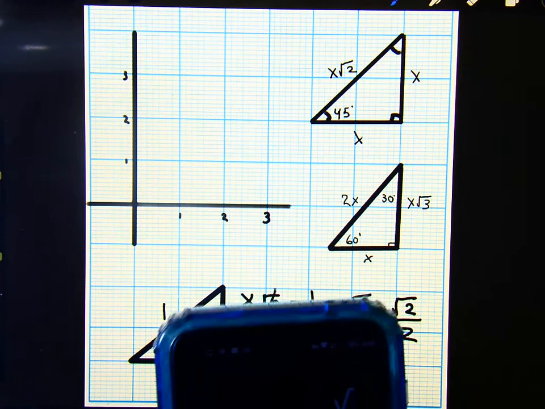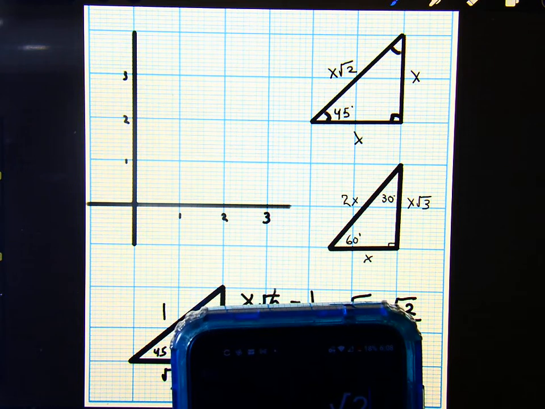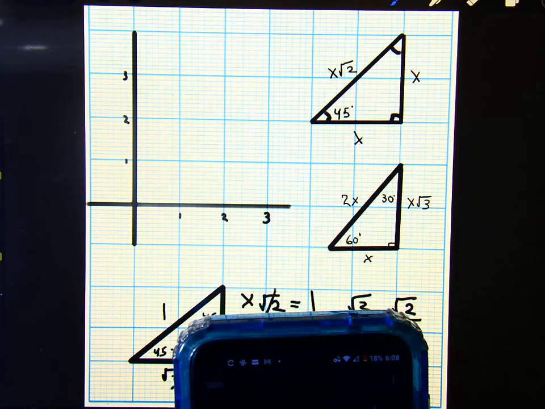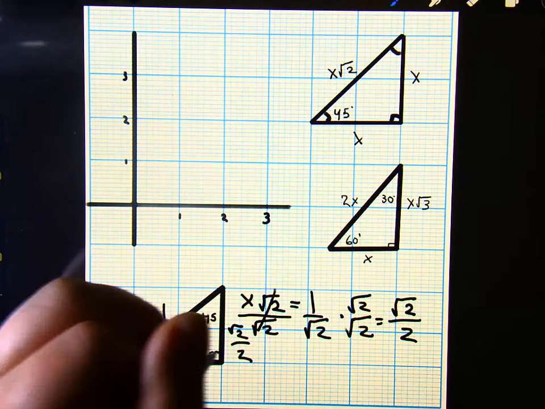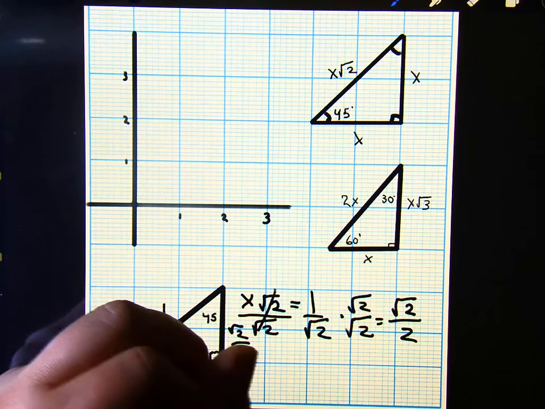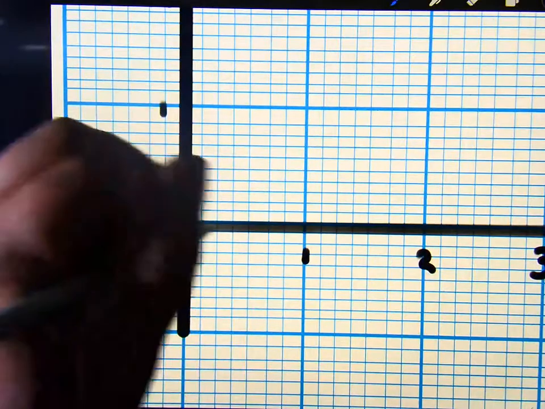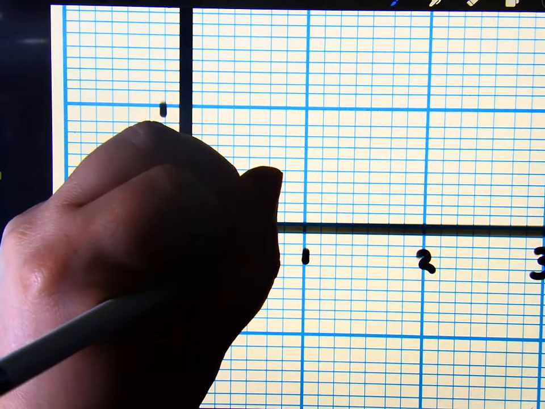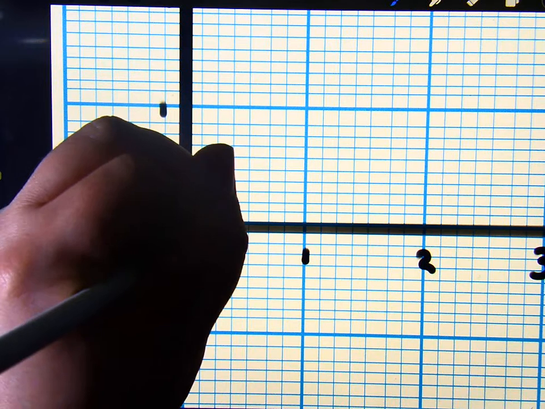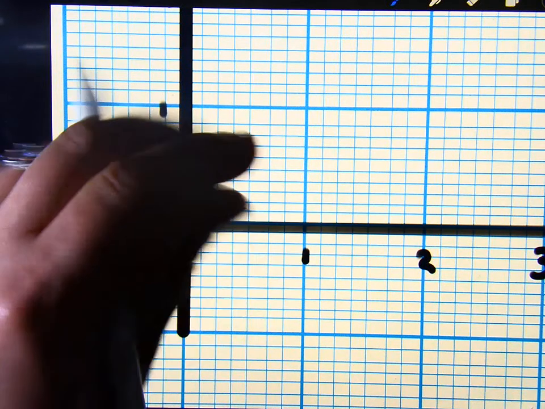So radical 2 divided by 2 is basically 0.7. So over 1, 2, 3, 4, 5, 6, oops, what we got?